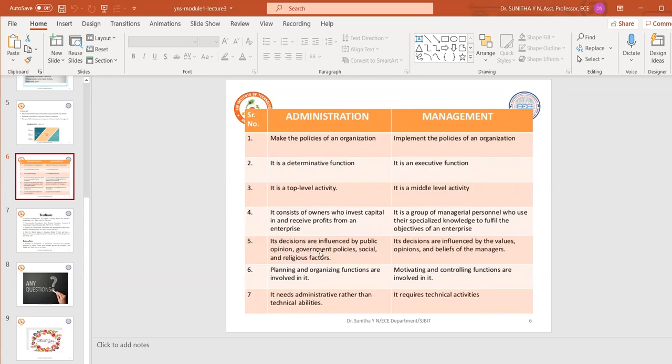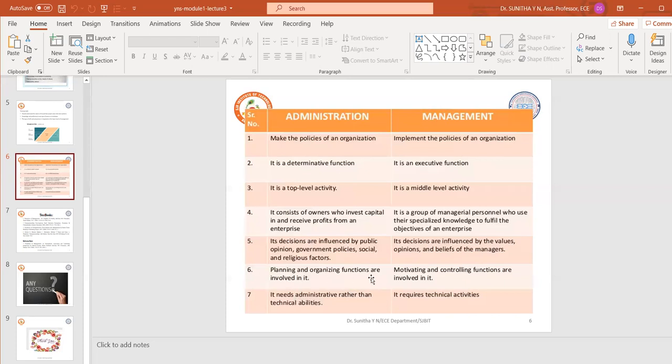Administration's decisions are influenced by public opinion, government policies, and social and religious factors. These are all the factors which affect the decisions of an administrator, whereas management's decisions are influenced by the values, opinions, and beliefs of the manager. So it all depends on the manager.